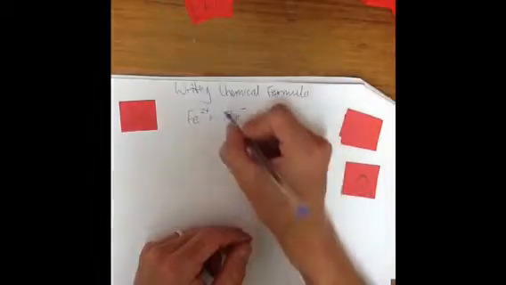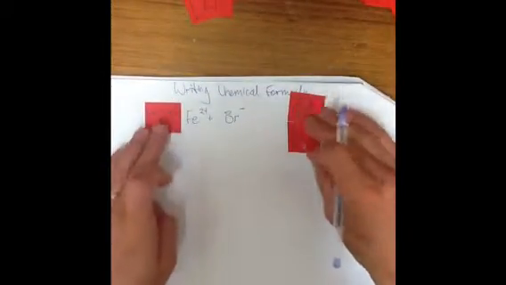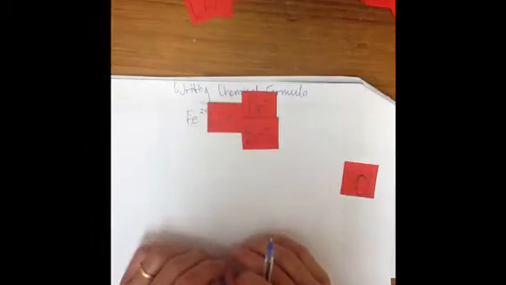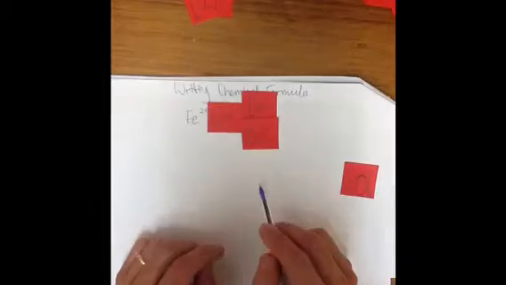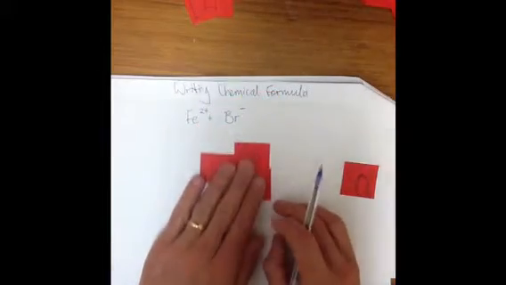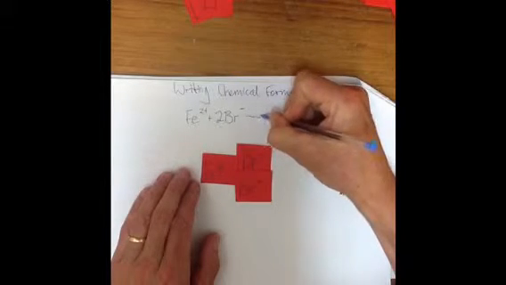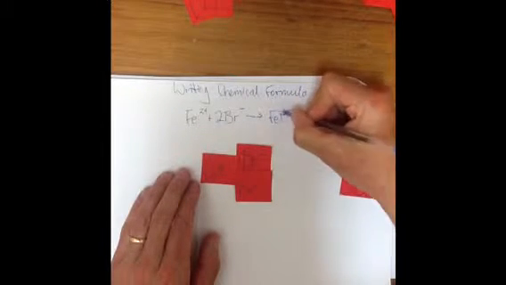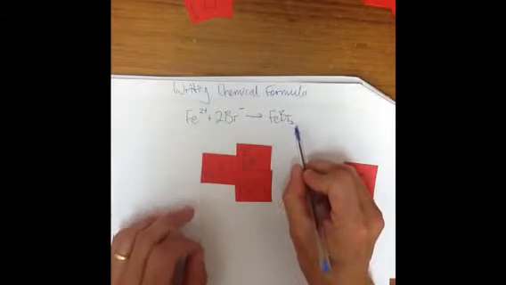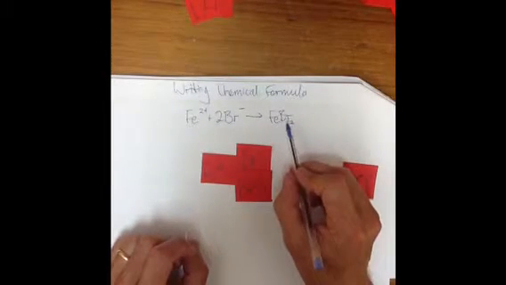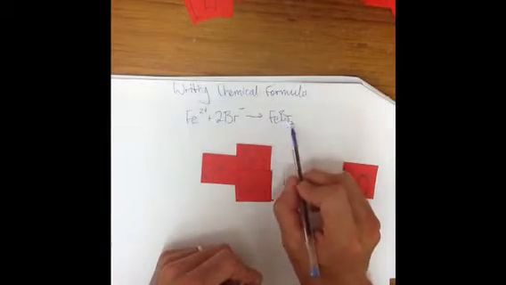So what I'm going to do is take 2 bromine ions to form my balanced formula. 2+, 2 -1s, and they will balance out. And I write this as a 2 here, and I get FeBr2.